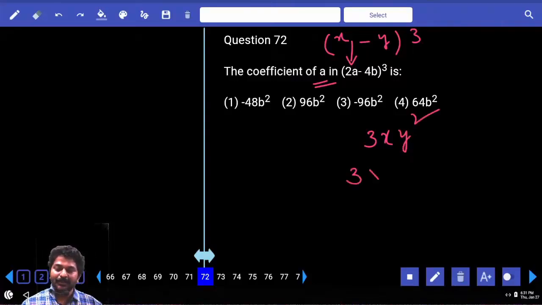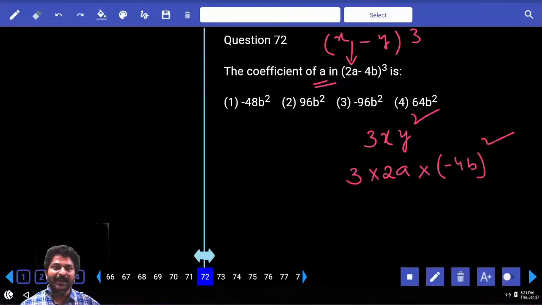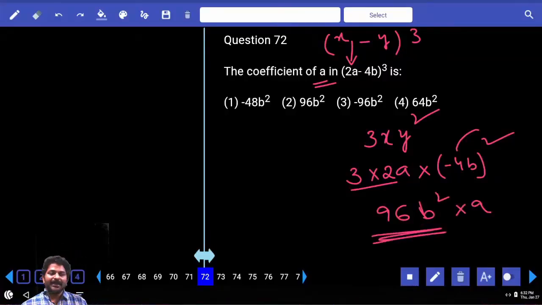What is the x value? 2a. What is the y value? Minus 4b whole square, correct? Right. 3 into 2, 4 square, 16 into 6, 96. b square into a, correct? Coefficient of a is 96 b square.